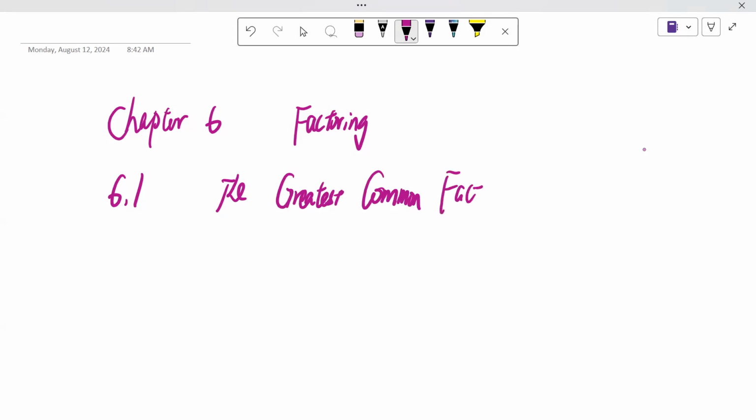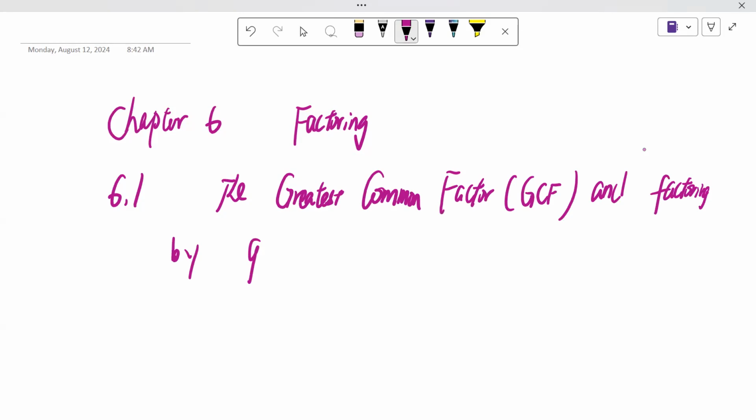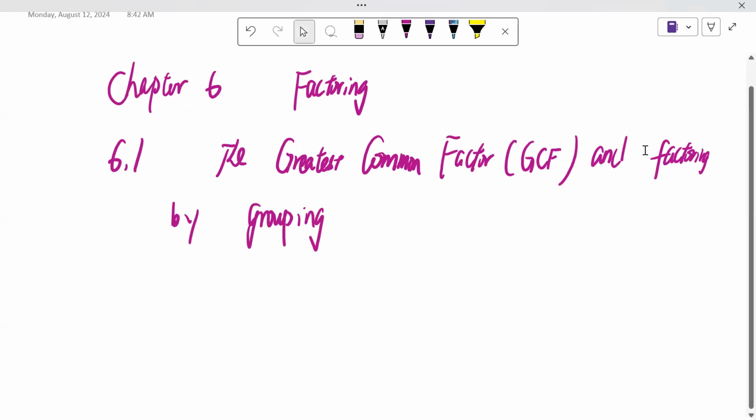Also the factoring by grouping. We call this GCF, and factoring by grouping. Those are major topics, and let's start with the GCF.